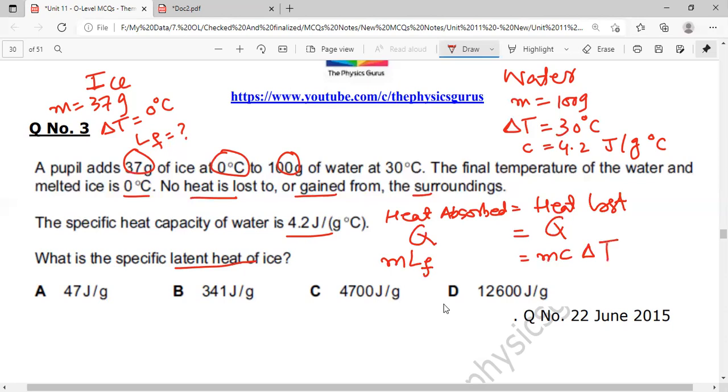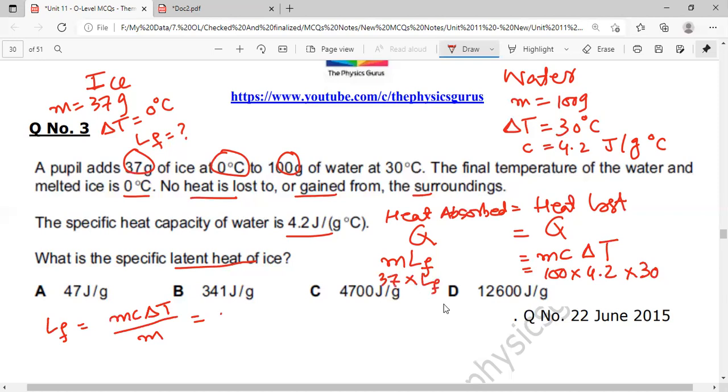Now we will put the values, rather we will make the formula of L_F. L_F is equal to m c delta T over m. So substitute the value of mass of water: 100 into 4.2 into 30, and 37 into L_F.